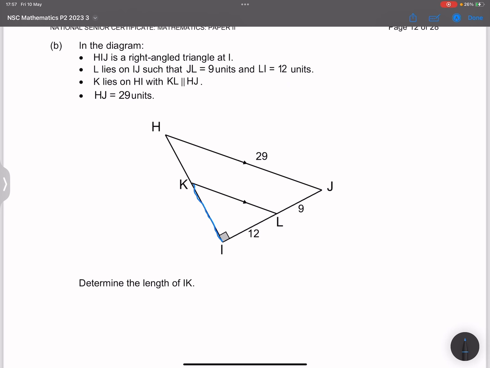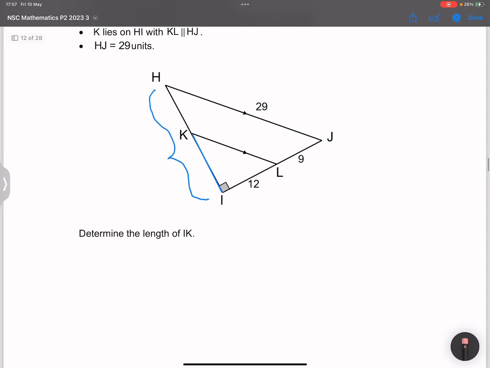Now there are two different ways in which we could do this, right? I don't know which one you would like. So what we could do is find the length of HI using the Pythagorean theorem. We know the length of IJ, we know the length of HJ.